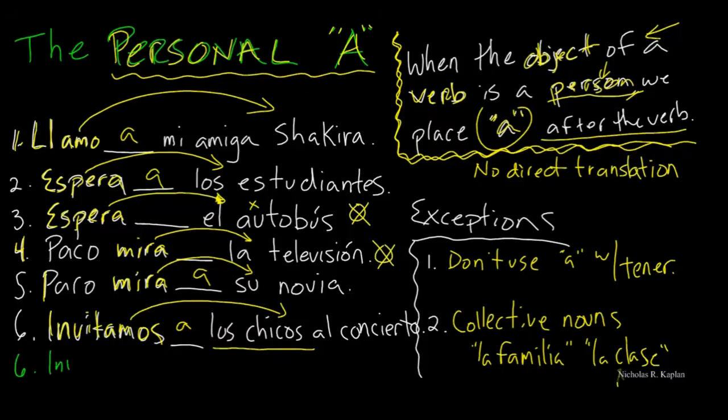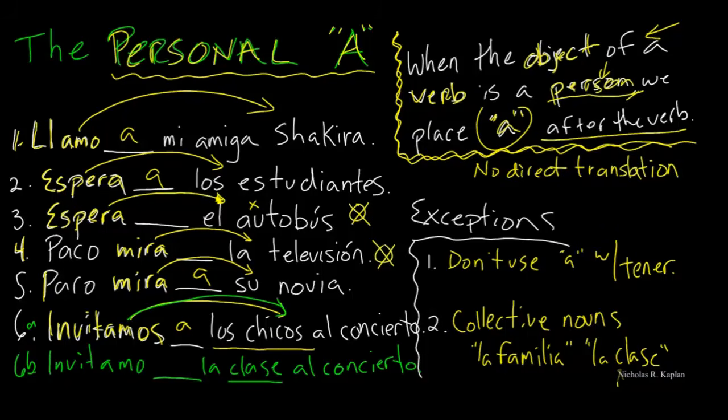If I had invitamos, well, we know that in number 6a, and we'll call this one 6b, we did have to use it because of the chicos. But la clase is our collective noun. And with our collective noun, we don't use it. So we wouldn't put the personal a in there.